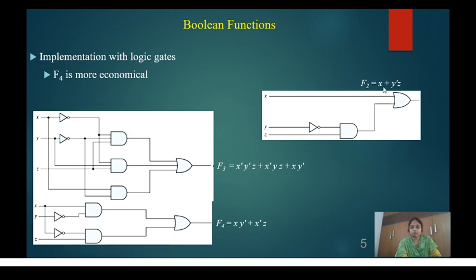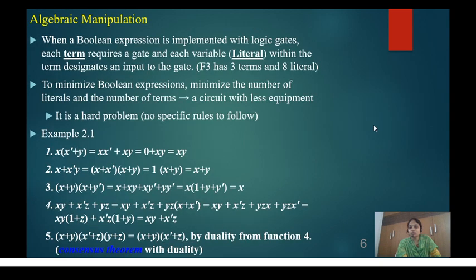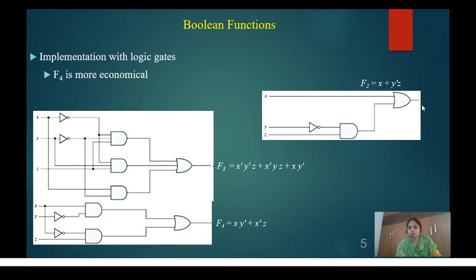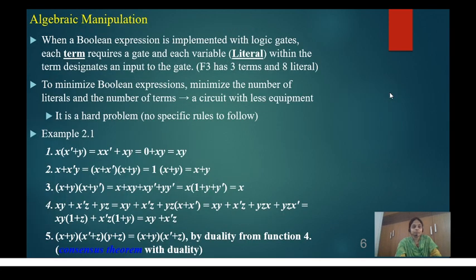Give one input as y complement and another input as z. So you will get the AND output as y complement z, and this output should be connected to the OR gate, and the x input is also connected to the OR gate. You will get the result x plus y complement z.